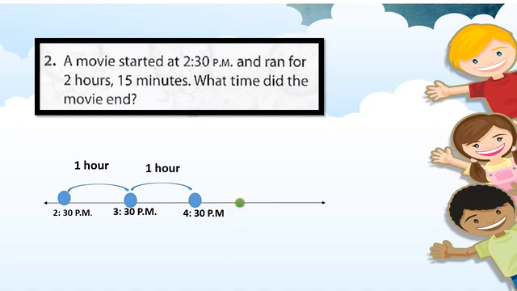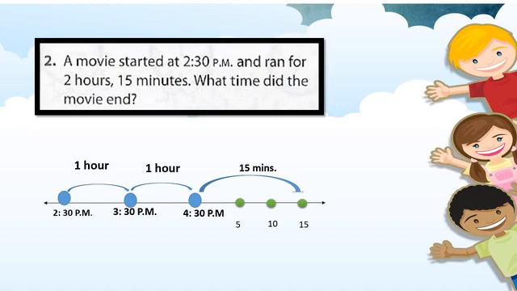Now, let's have the minutes. This will be 5, 10, 15. So this green point on the number line represents the 15 minutes.